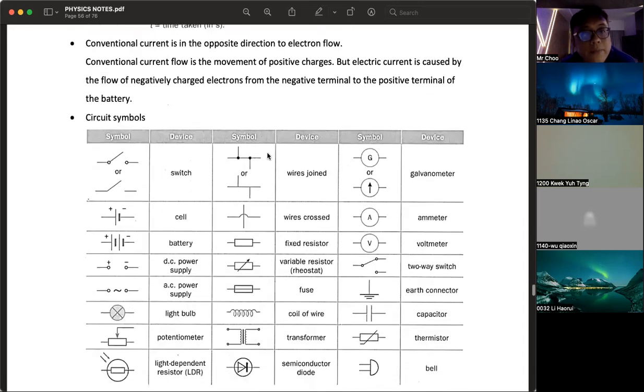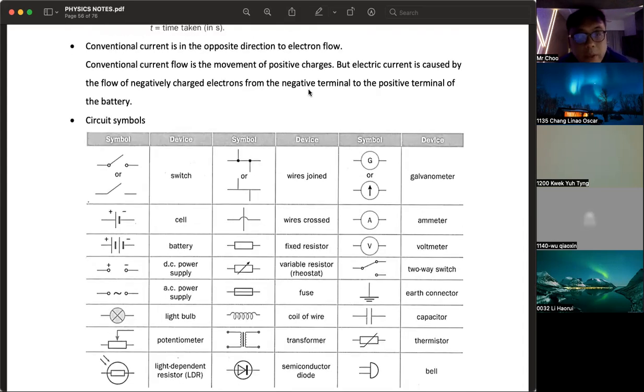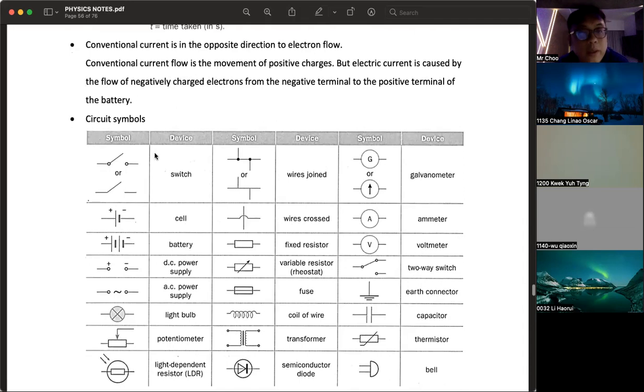Next, this symbol thing is not very important now. It will be covered in more detail next week, but I will go through a few of these in a while. We have also mentioned conventional current versus electron flow. In all our drawings, calculations and diagrams, it's all based on conventional current.